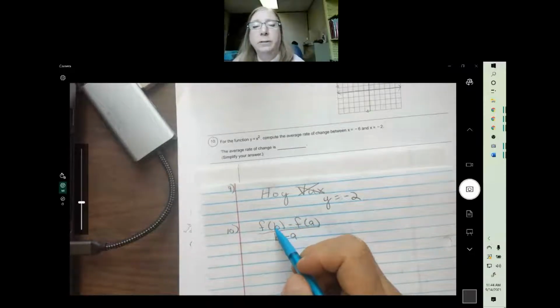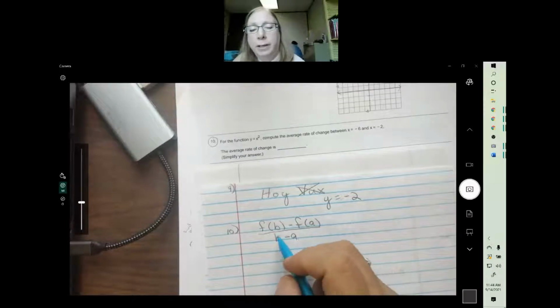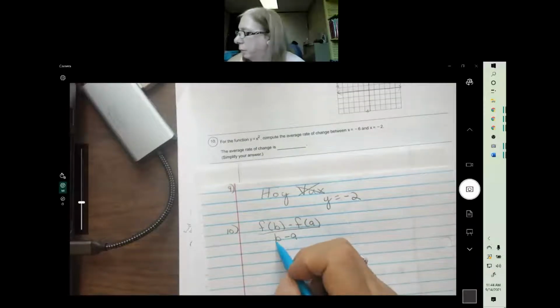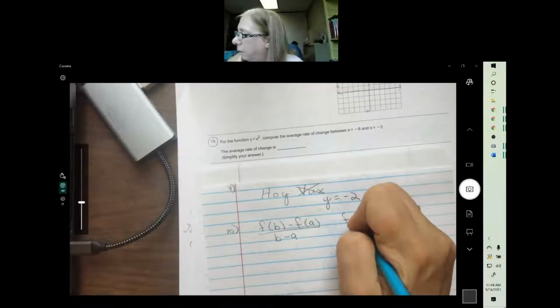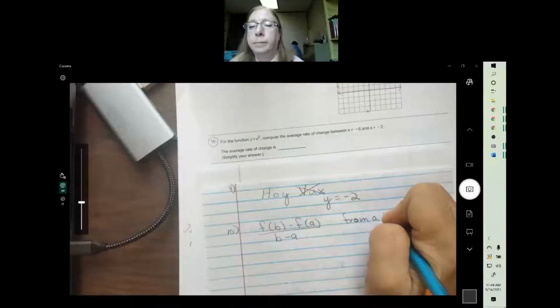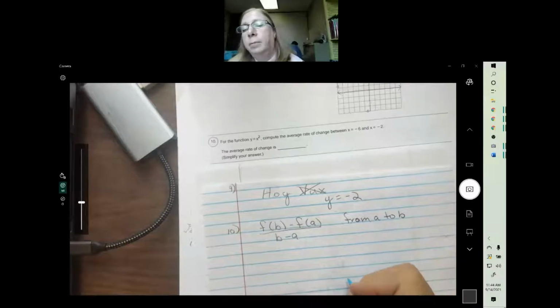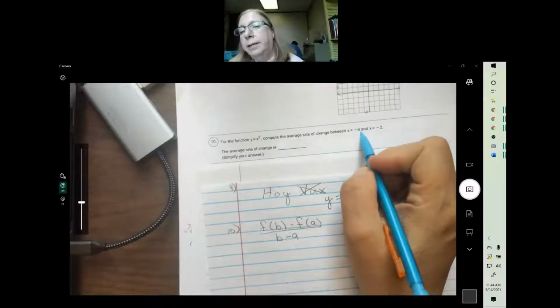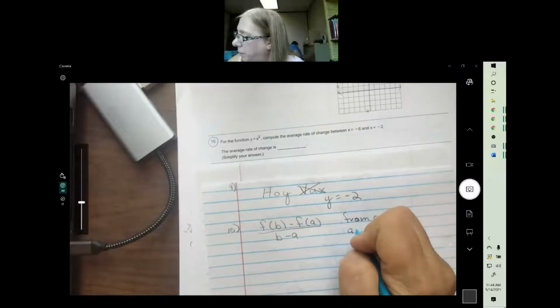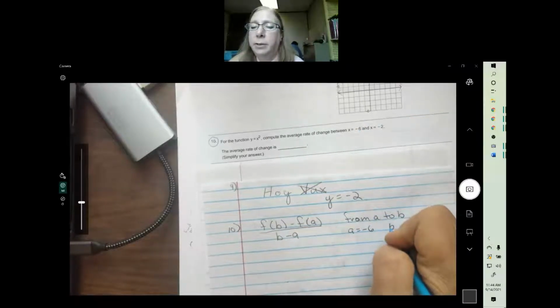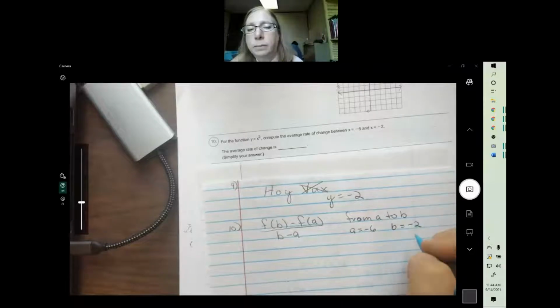So this is just y2 minus y1. Now, it goes from a to b. So in this problem, our a is -6 and b is -2.